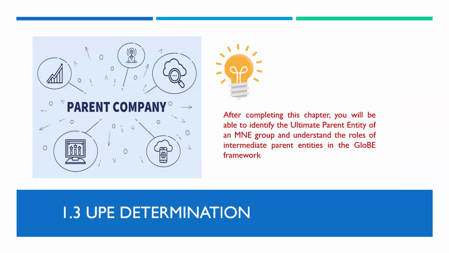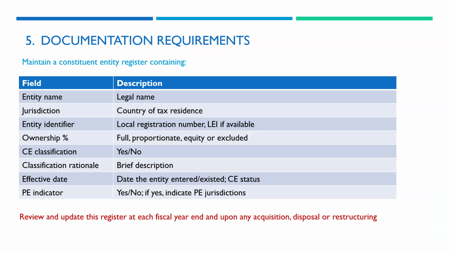Tomorrow we will look at the parent company and determination of the UPE. We'll go into bigger topics like UPE, as well as the intermediate parent entity, IPE, what it means, and how these are going to be very important in GloBE calculations. If you're okay with who the constituent entities are, so basically in two days we have just done two things: first, how to identify the scope, and second, how to identify the constituent entities.